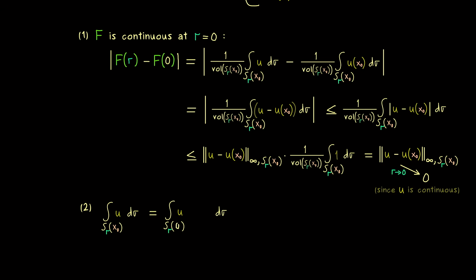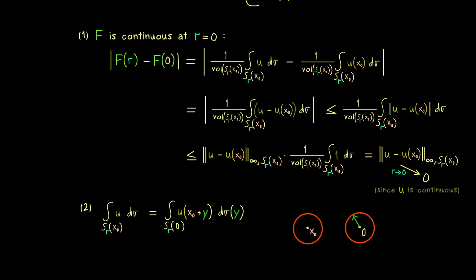This is quite simple, we just have to translate by the vector x0. And then inside the integral we have u of x0 plus a new variable y. So not so complicated, the y variable just goes over the sphere here, and then you see this is actually exactly the same integral.